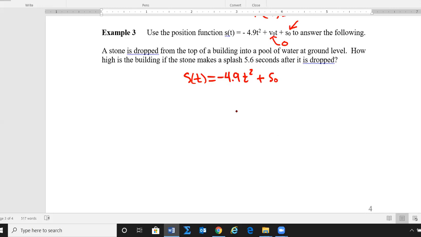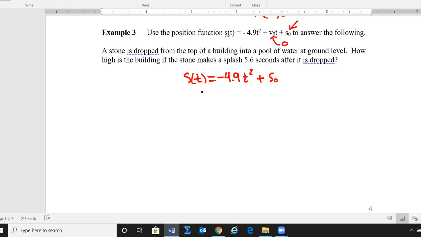Okay, so it's dropped, and we know 5.6 seconds later, you see the splash. We're going to assume that the time it took for you to see that splash was negligible. Although technically speaking, if you remember physics, it takes a little bit of time for that light to travel from the pool up to the person at the top, or maybe a person watching at the bottom.